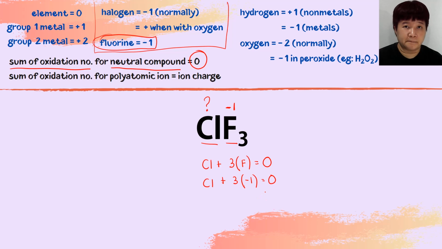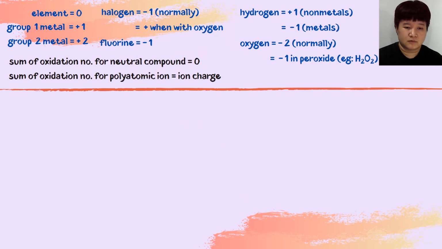And the total must equal 0. Your chlorine will then be +3. So the oxidation number of chlorine over here will be +3. Although it's not with the oxygen, your halogen right now is with fluorine. Therefore, your halogen also will become positive.